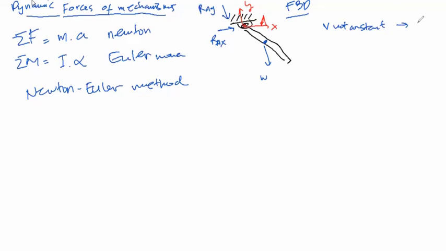Then, because it is rotating, we have theta, theta dot, and theta double dot. It depends. If theta dot is constant, then theta double dot will be zero.